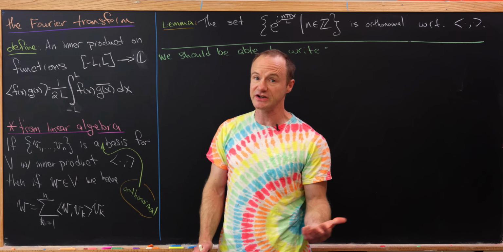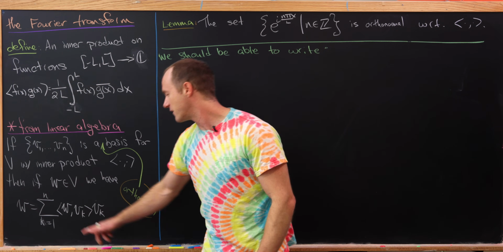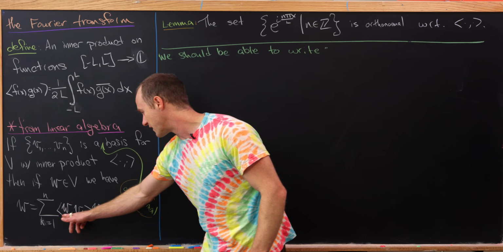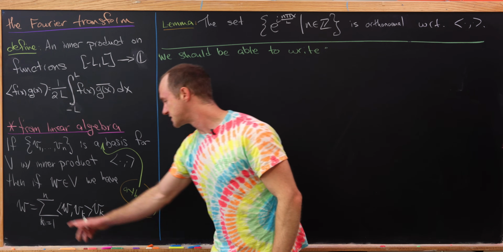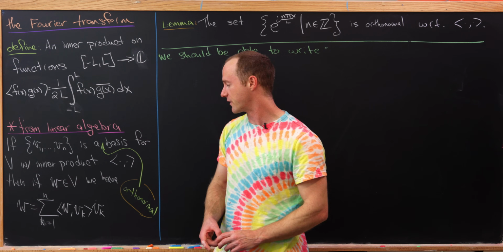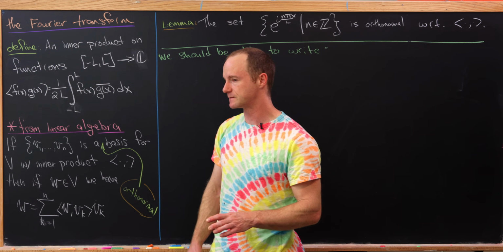That's kind of the definition of a basis, but the coefficients of that expression are given by the inner product. In other words, w is equal to the sum as k goes from 1 to n of the inner product of w with vk in the vk direction.